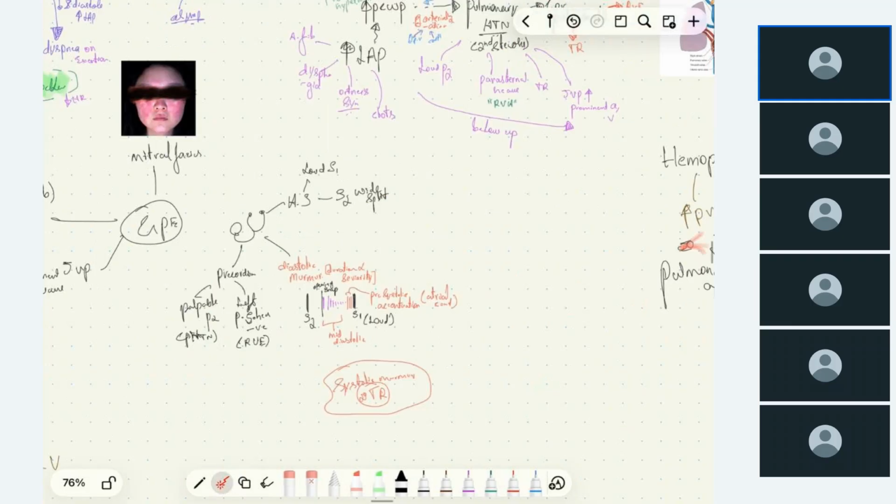What are the CVS examination findings? When you examine the precordium, you can get palpable P2, that is palpable second heart sound due to pulmonary hypertension. There is back pressure, guys, into the right ventricle.